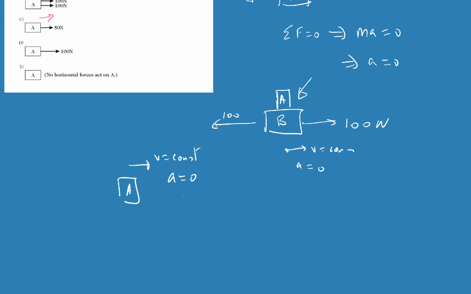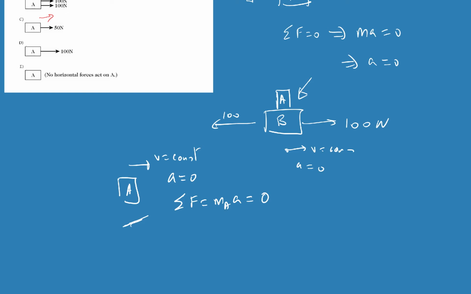The sum of all the forces is the mass A times the acceleration. But the acceleration of the mass A is zero. So the sum of all the forces is zero. That is what allows the body to have constant velocity, no acceleration, no total force.